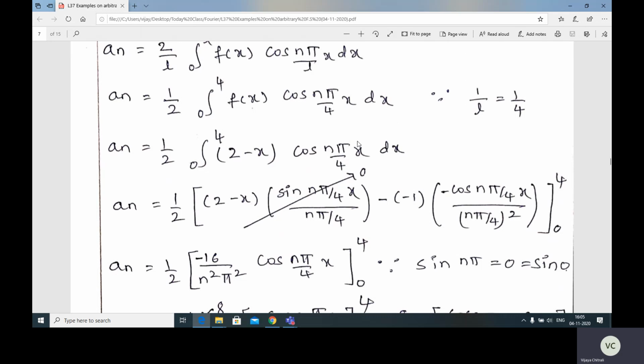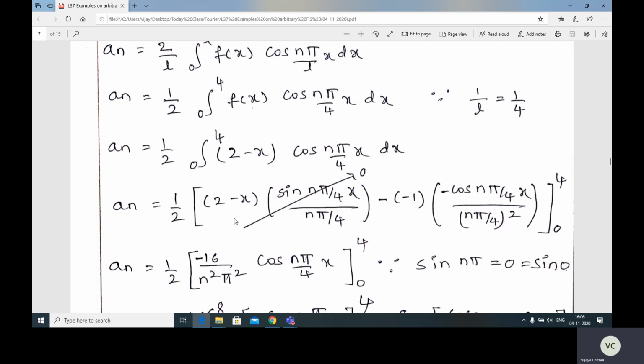So (2 − x) times the integration of cos(nπx/4), which is sin(nπx/4) divided by nπ/4, minus the derivative of 2 − x, which is −1, times the integration of sin(nπx/4)/(nπ/4), which is −cos(nπx/4) divided by (nπ/4)². The derivative of −1 will be 0, and 0 into something is 0, so the next terms will be 0. Limits vary from 0 to 4.